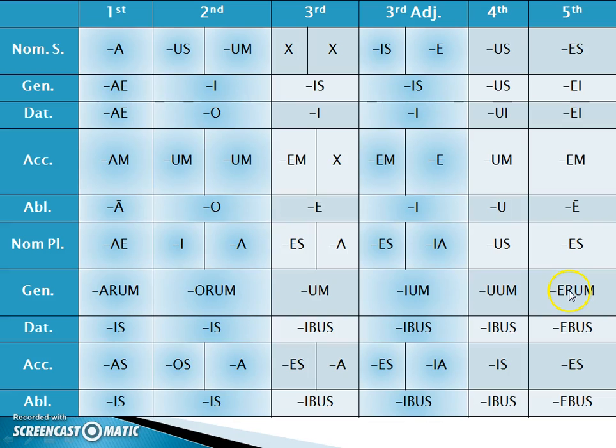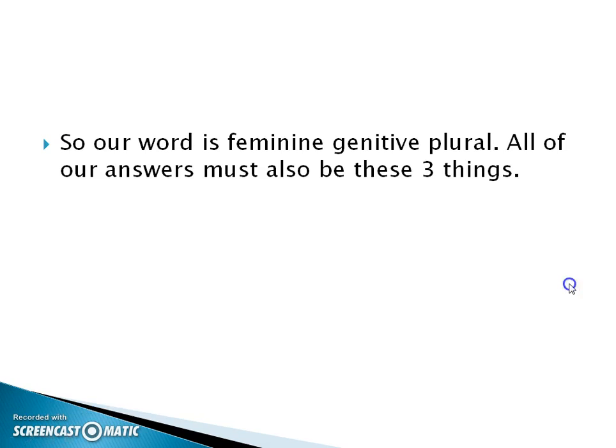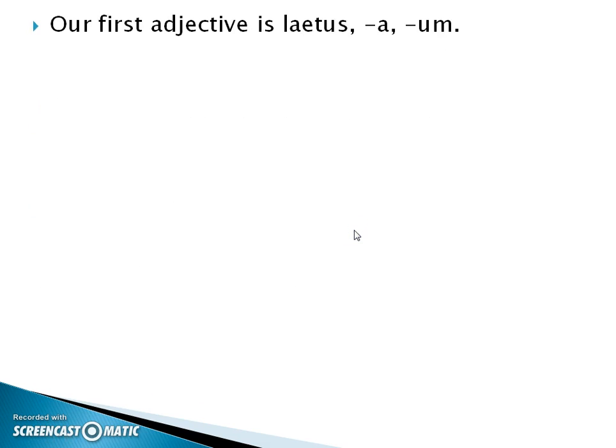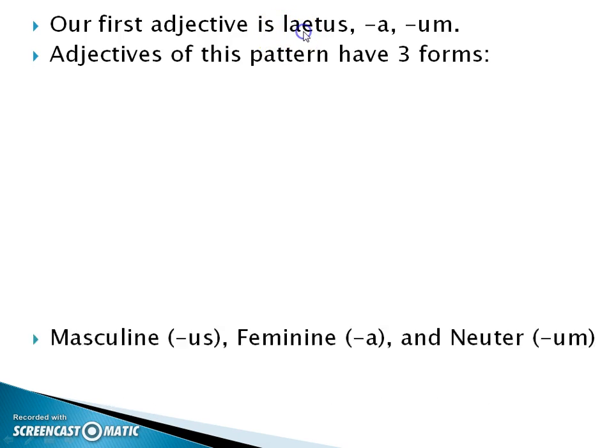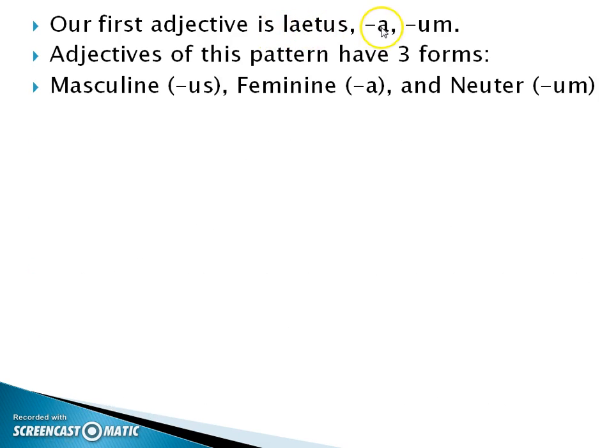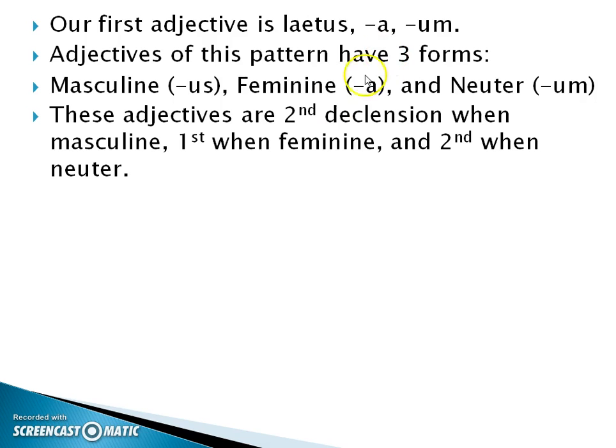That tells you right away that all of your answers have to be on this row. Not only that, but remember, adjectives can only occur in these shaded columns, 1 and 2 and 3. So your only three possible answers are arum, orum, and ium. All right? So we need feminine, we need genitive, and we need plural. So we take laetus, laeta, laetum. And remember the three forms, masculine, feminine, neuter.